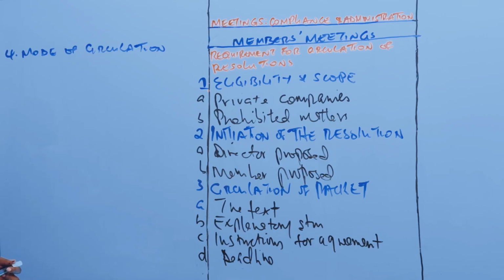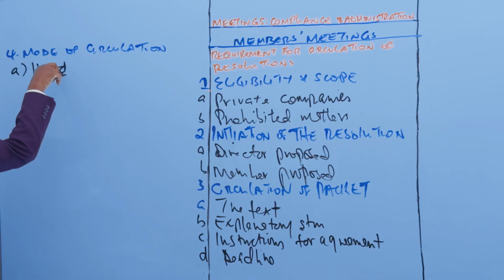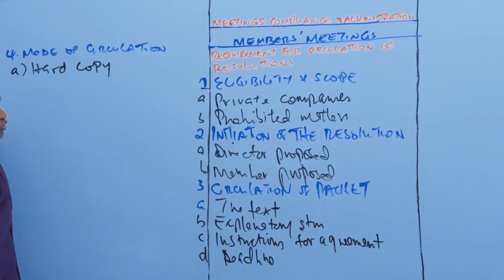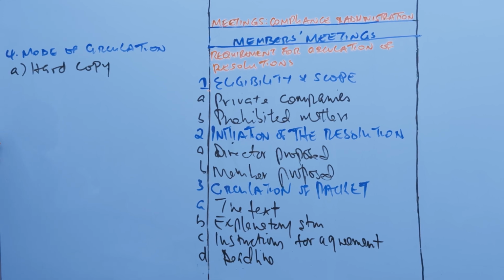And that can be done via hard copy. You can circulate via hard copy, send to each member almost at the same time, to the member's registered postal address.